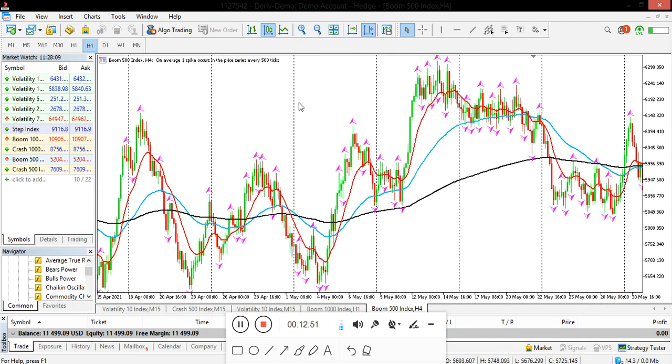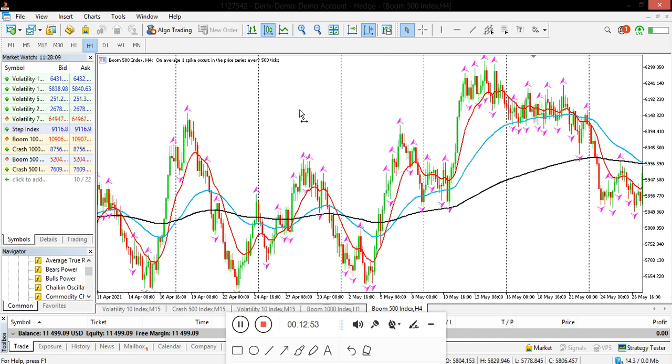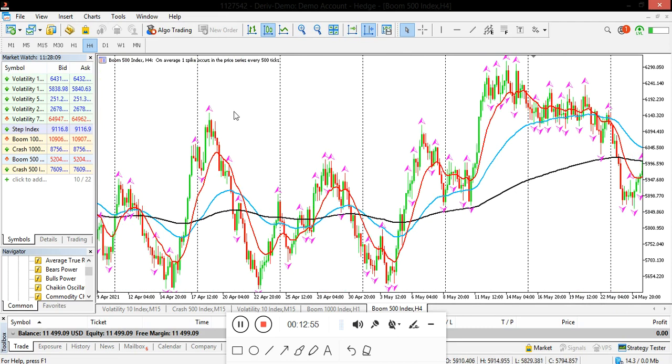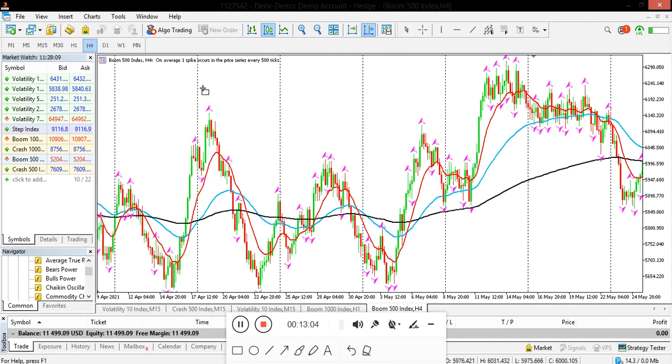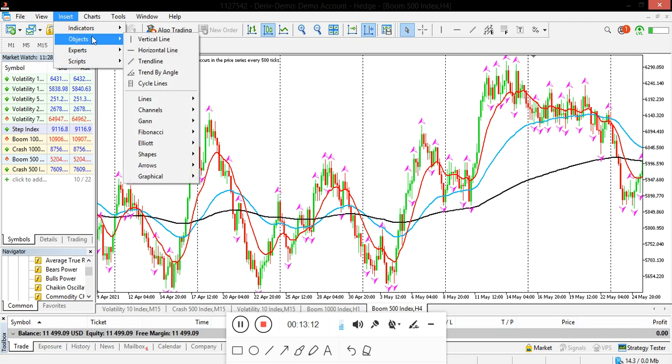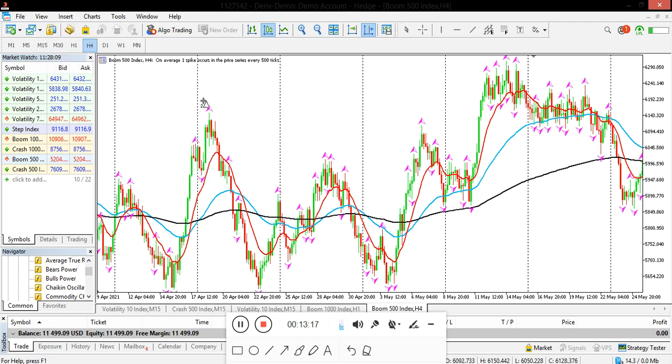I will show you something. This is another one here. Let me mark it. Shapes. Here it is. No, I'll prefer to use my rectangle. Insert objects, shapes, triangle.